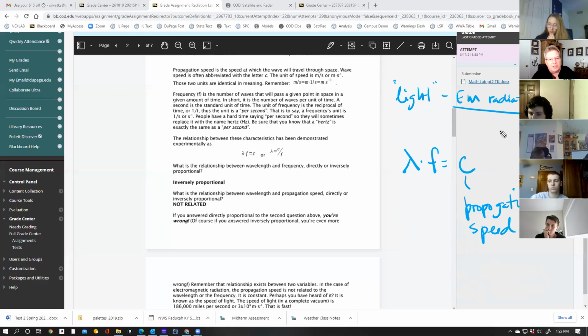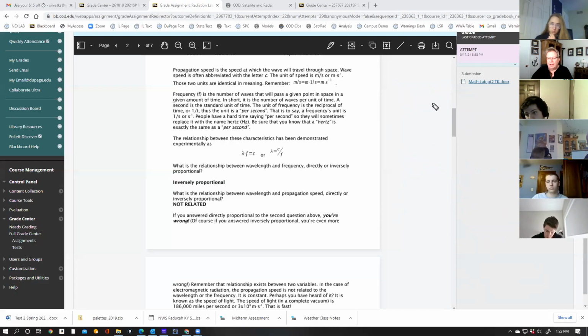People get confused because they hear about radiation and they think, oh, isn't that dangerous? But that's not what we're talking about. Radioactive and radiation are different. Radiation, if it's really shortwave, can be dangerous to you, but obviously long wave radiation is not a problem to you. Anyway, so I have lambda times F equals C.